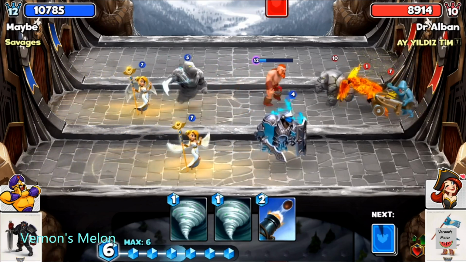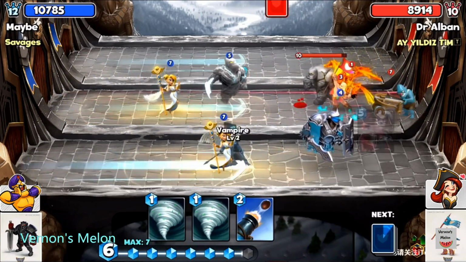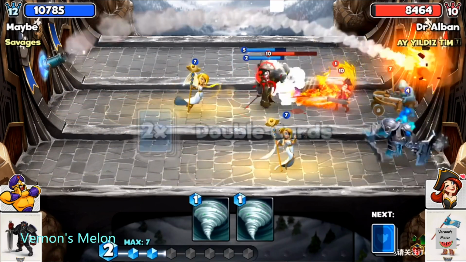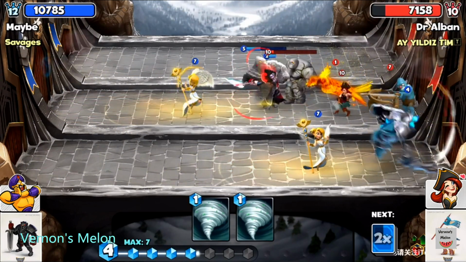Too bad I don't have giant growth this game because it can really work. But since I wanted to win, I will just do what I can to win the game.